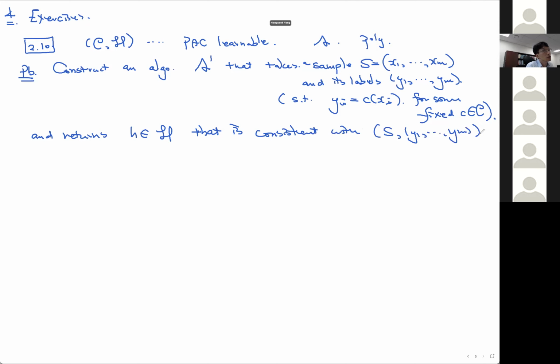What does this mean? This means that the empirical risk that we compute with S, with Y implicitly here, for H is equal to 0.